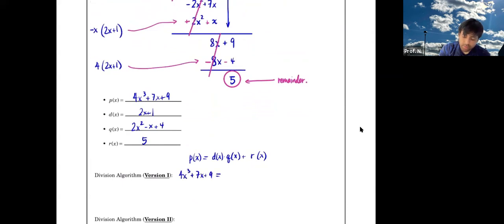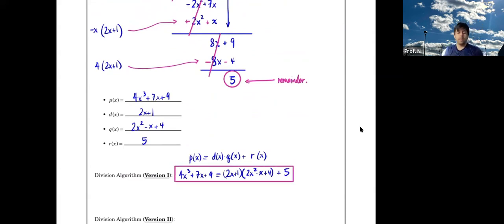What is this equal to? This equals 2x plus 1 multiplied by 2x squared minus x plus 4 plus 5. That's it. That's the division algorithm, version 1.